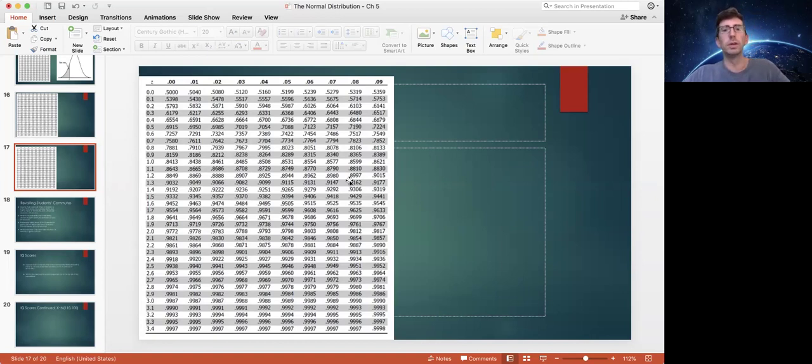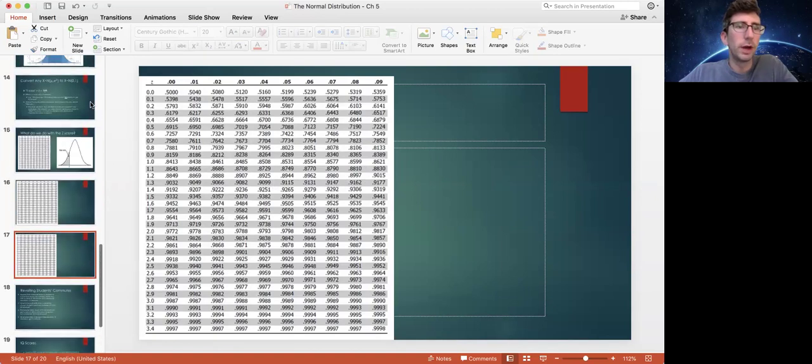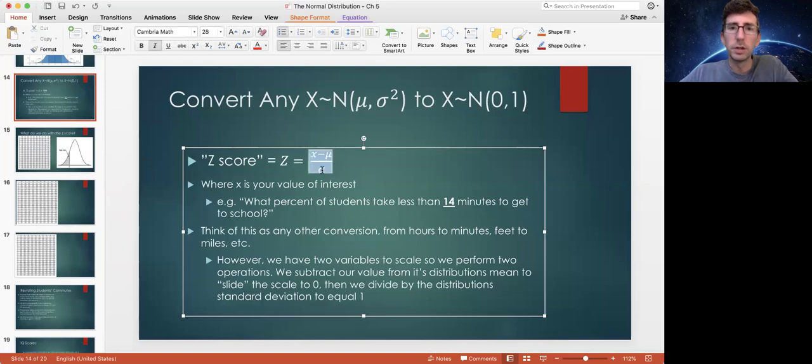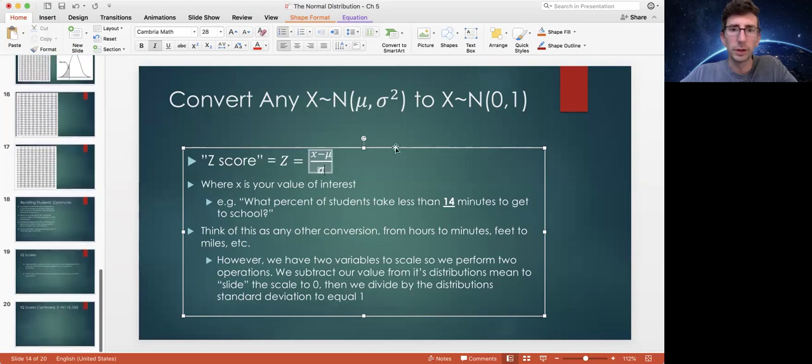I think the last time we looked at this, we wanted the top 10% of IQ scores, so we found that 0.9, which again was the area to the left, and we found our z value of 1.28. We took that z value of 1.28, plugged in our population mean and standard deviation, and used some algebra to solve for x. So using the calculator is a little bit easier than doing all of that.